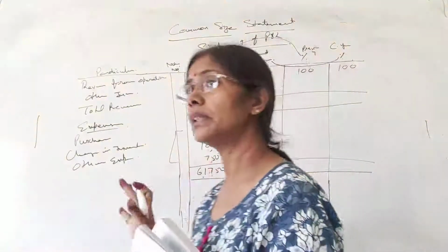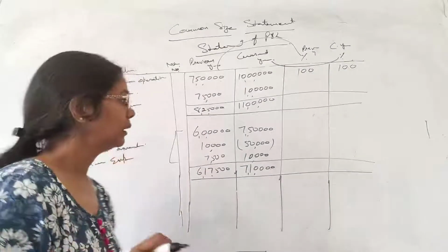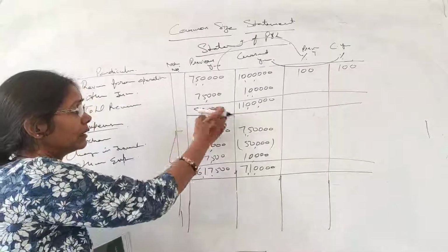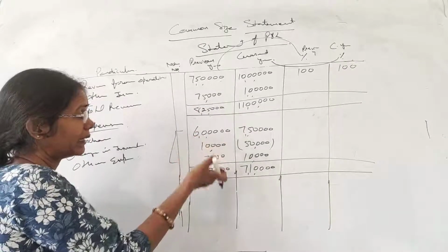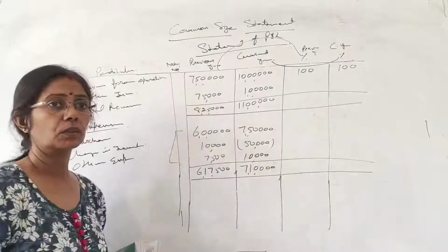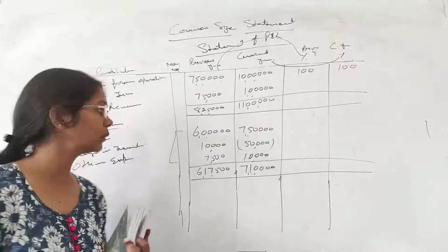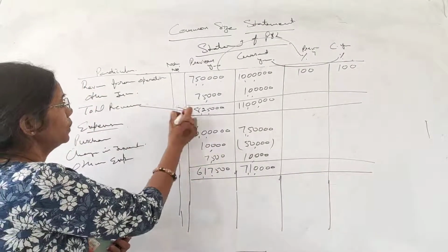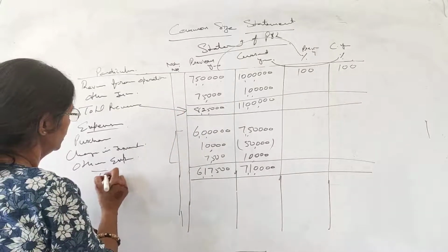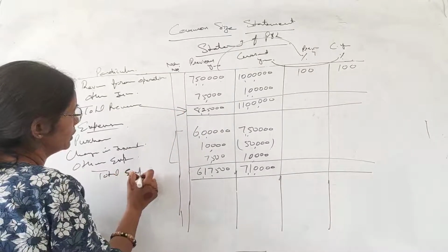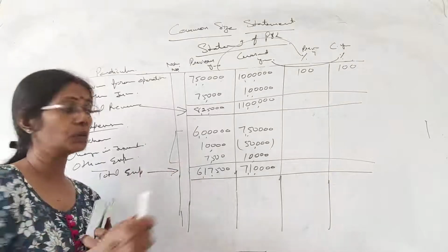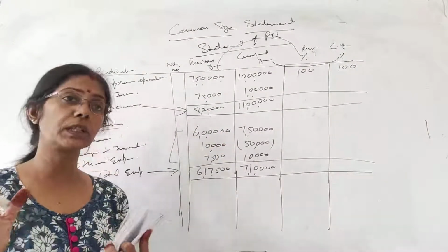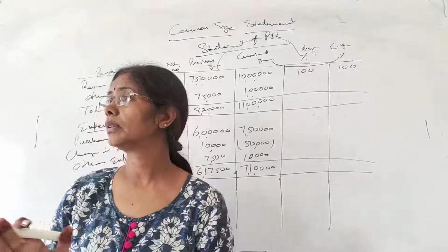Have you understood the reason why to draw the line? If I don't draw the line, some students have a habit that they add this also in that, and then minus from it, that is absolutely wrong. Okay, so this is your total revenue and this is your total expenses. If you reduce the total expenses from the revenue, that comes your income. Which income? Income before tax.